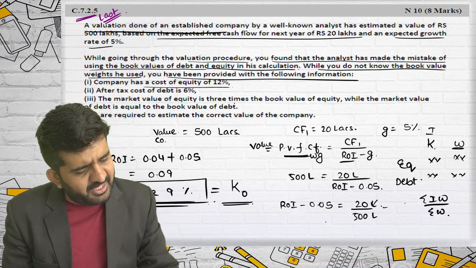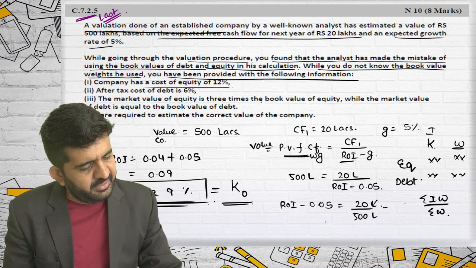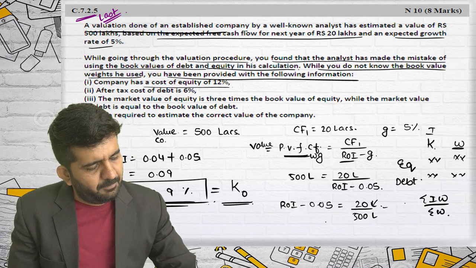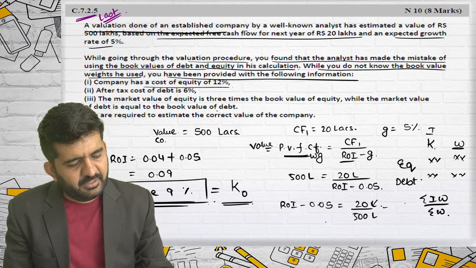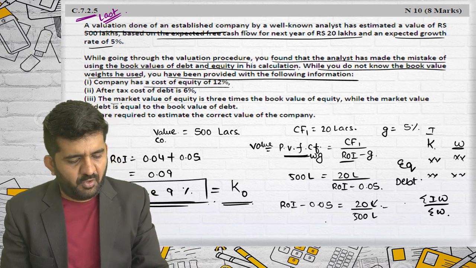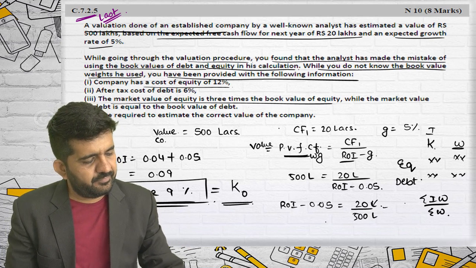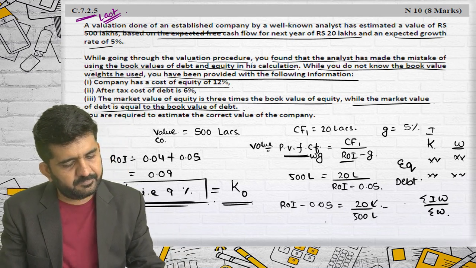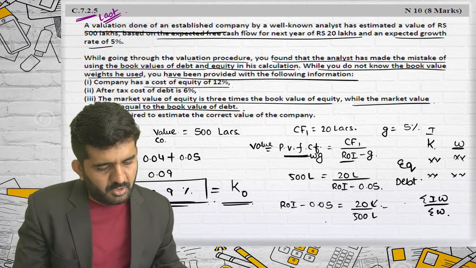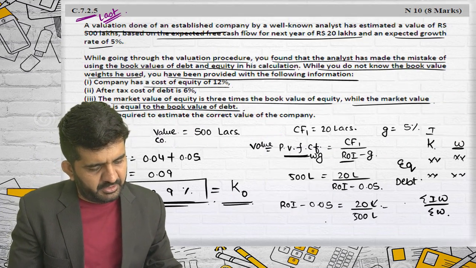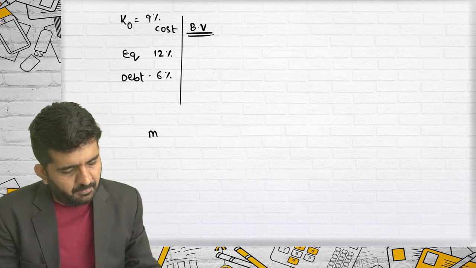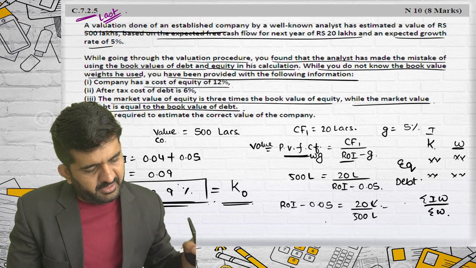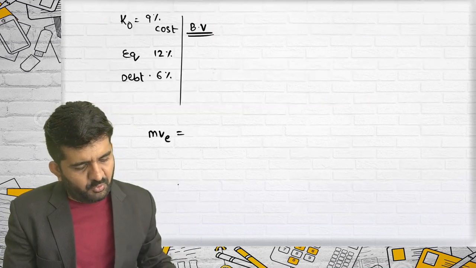The market value of equity is 3 times the book value of equity, while the market value of debt is equal to book value of debt. So market value of equity is 3 times book value of equity.